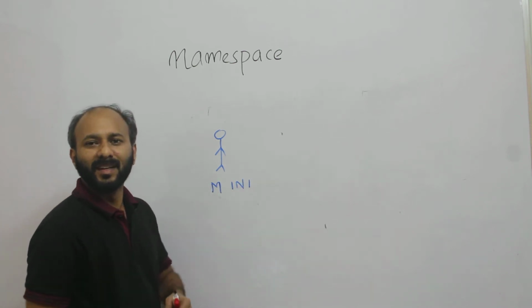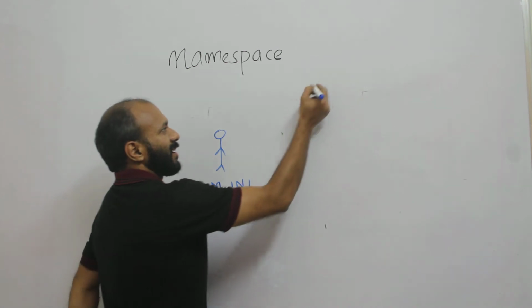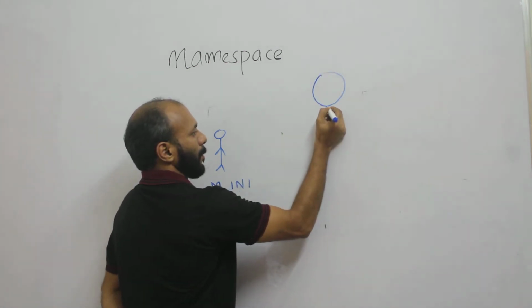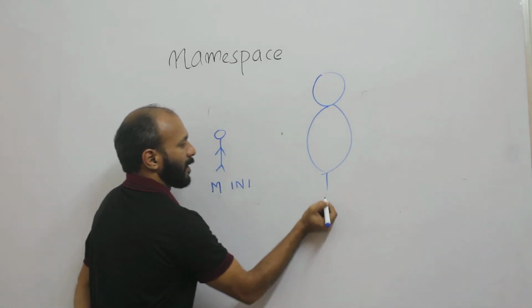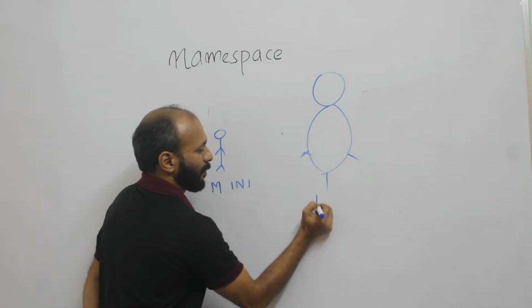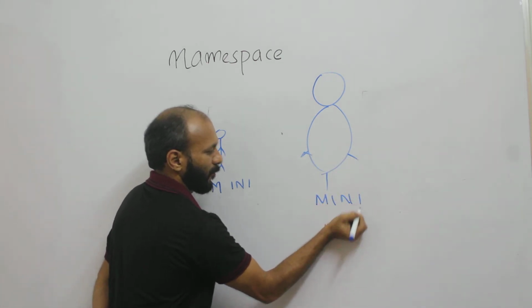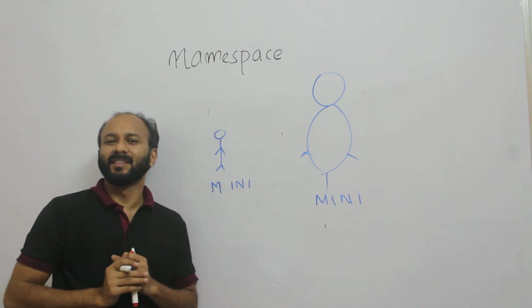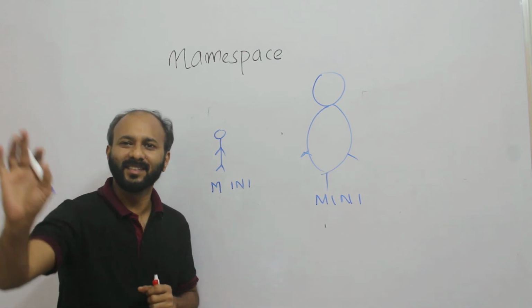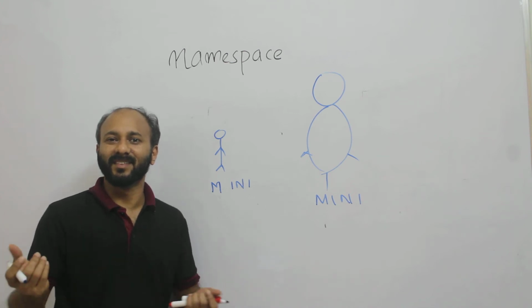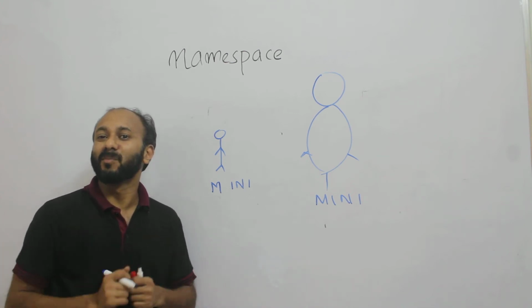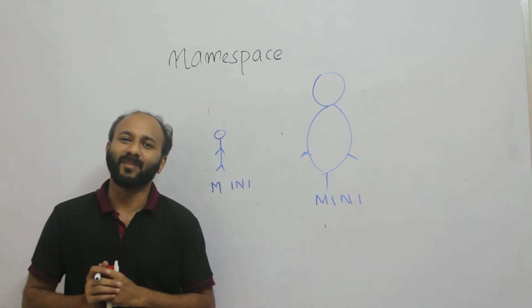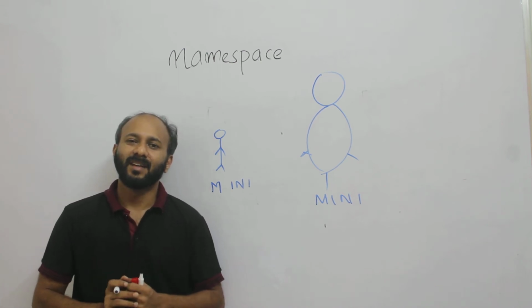There is one more Mini inside my class, and her name is also Mini. Whenever I call the name Mini, there is a name clash. Both will say yes or both will say present. Whenever I ask a question, both will answer at a time. So there is a name clash.